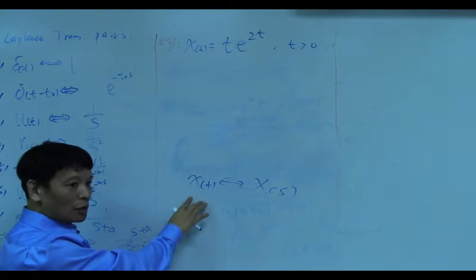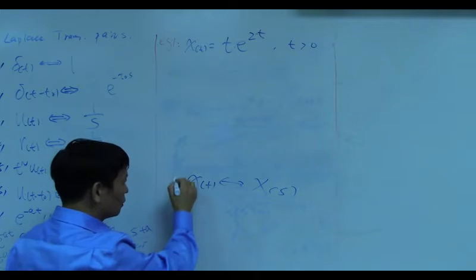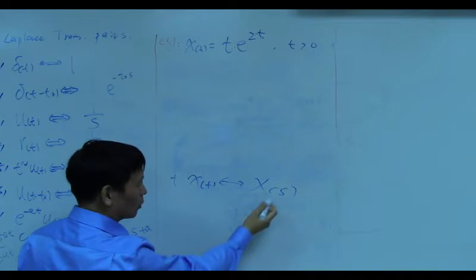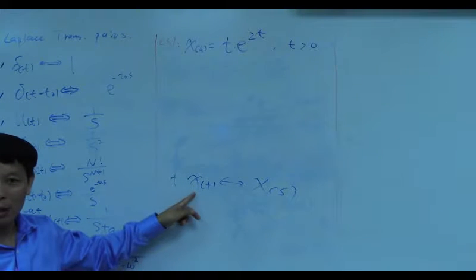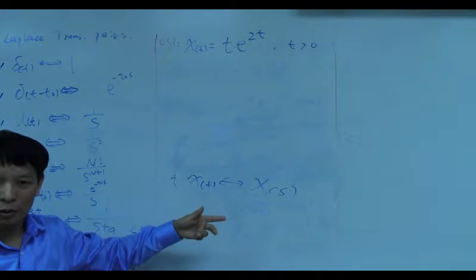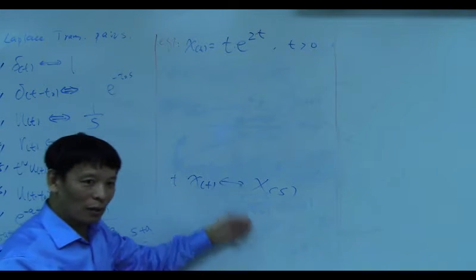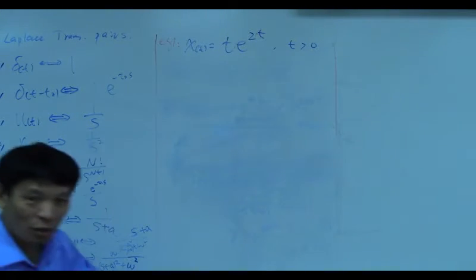Then you modify something like this, for example, times t. Then what do we have here? If you multiply by t, what do you do? So that is one way. Or we can use something else.